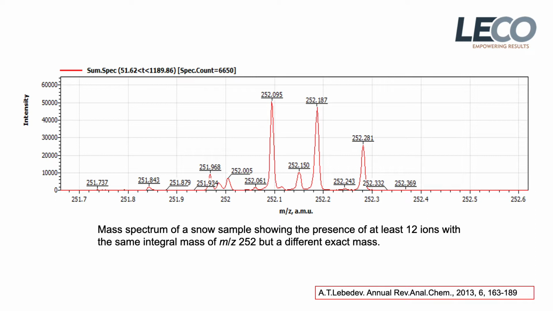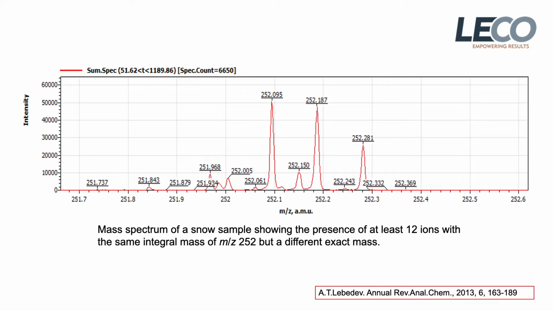This analysis was done with a very old prototype of the modern LECO instrument, something like 10 years ago. But I really like this picture and show it in my lectures. Here again, this is a snow sample, and this is just a mass spectrum without any chromatographic separation of the components.